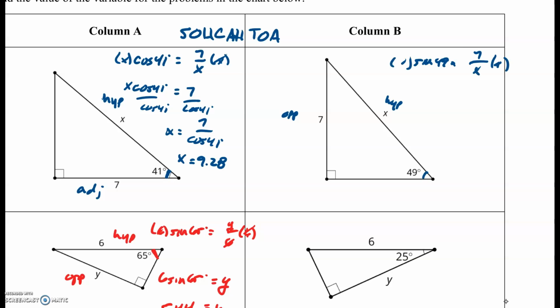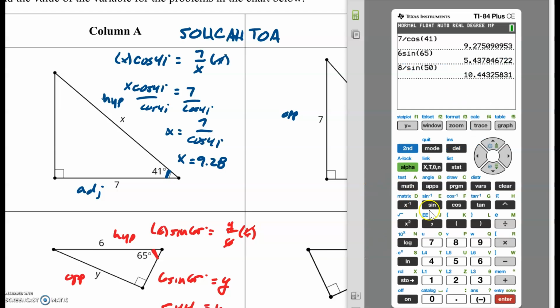Multiply both sides by the denominator. x times the sine of 49 is equal to 7. Divide both sides by sine of 49. x is equal to 7 divided by the sine of 49 degrees. To my calculator, 9.28.